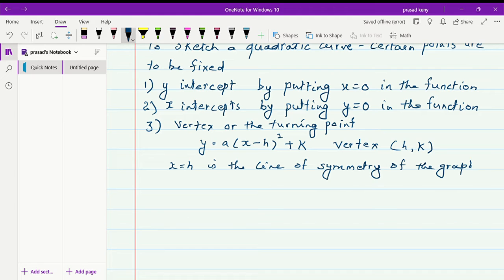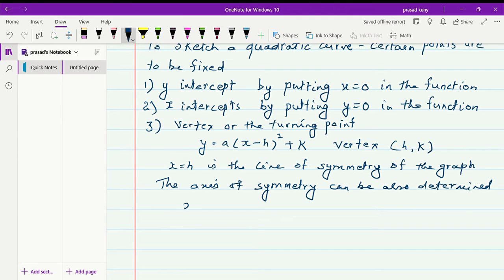and the axis of symmetry can also be determined by using the formula x = −b/2a.